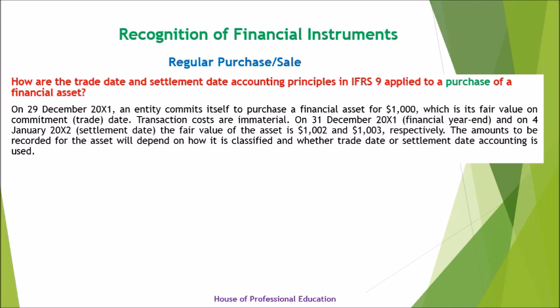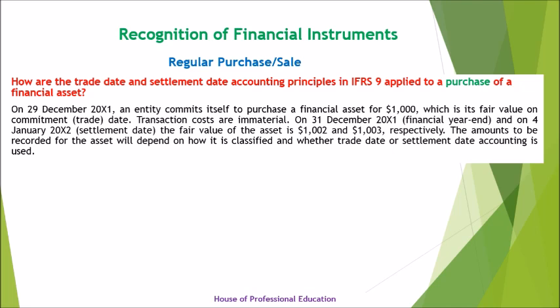Let's see the accounting if the asset is purchased at settlement date. In this case, at the end of the year December 31st x1, the difference of fair value and financial asset amounting to $2 will be recorded under accounts receivable, and the other effect will be passed on to profit or loss or OCI as the case may be.